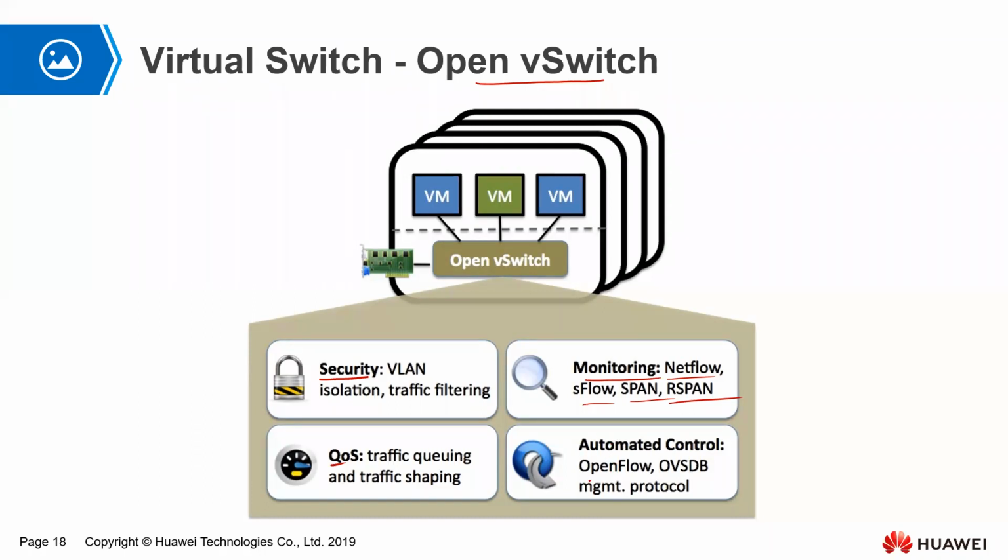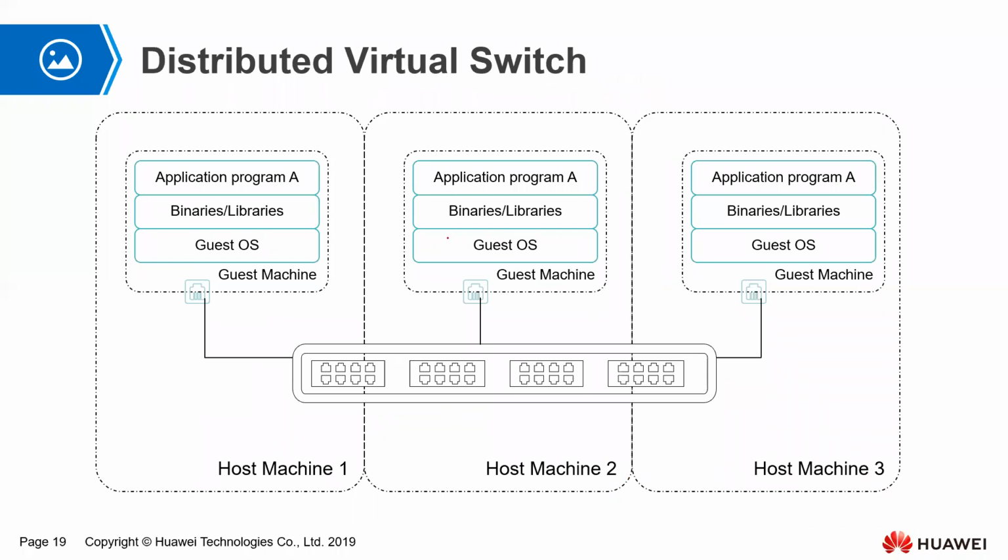There's also automated control through using tools like OpenFlow and the OVSDB management protocol. There's also something that they call a distributed virtual switch. Previously, we have said that the virtual switch can be a common virtual switch or a distributed virtual switch.